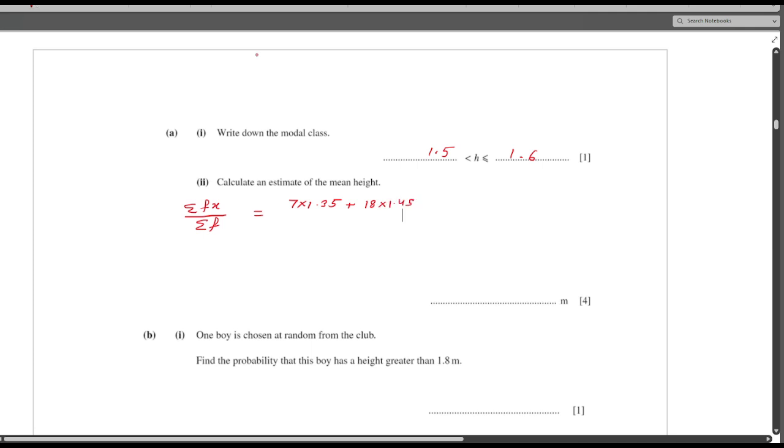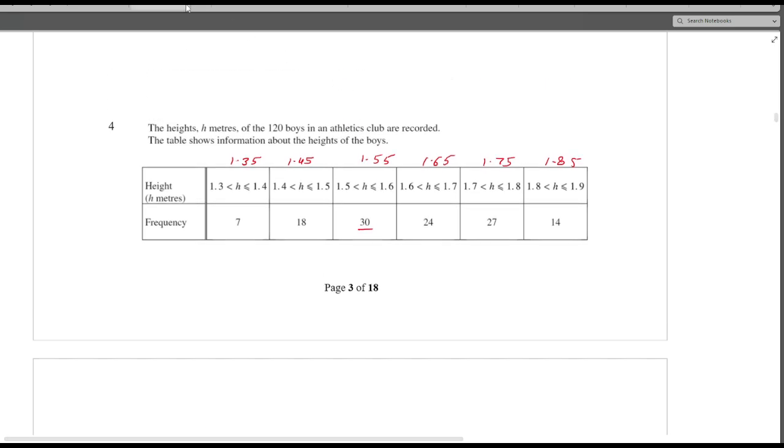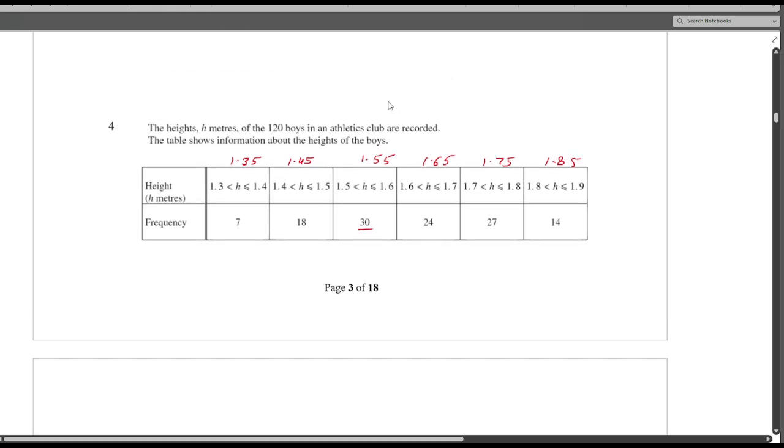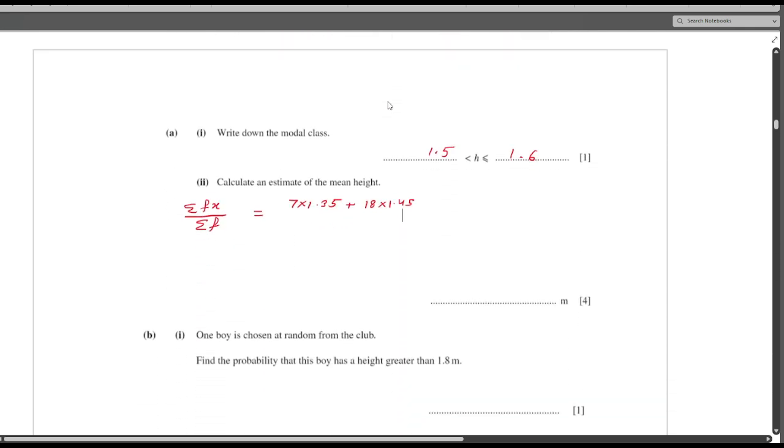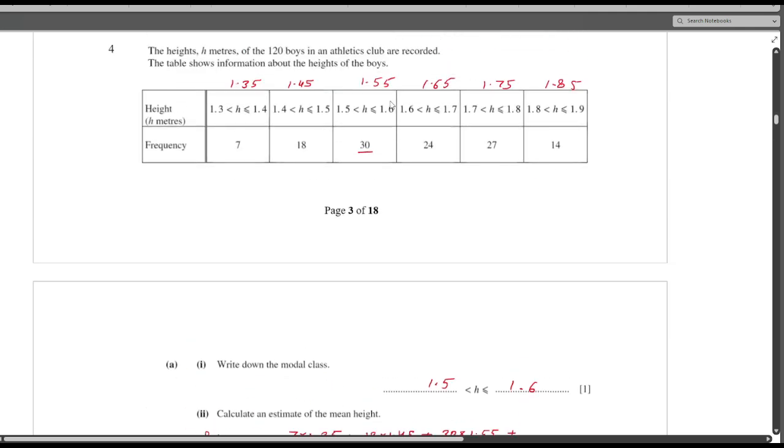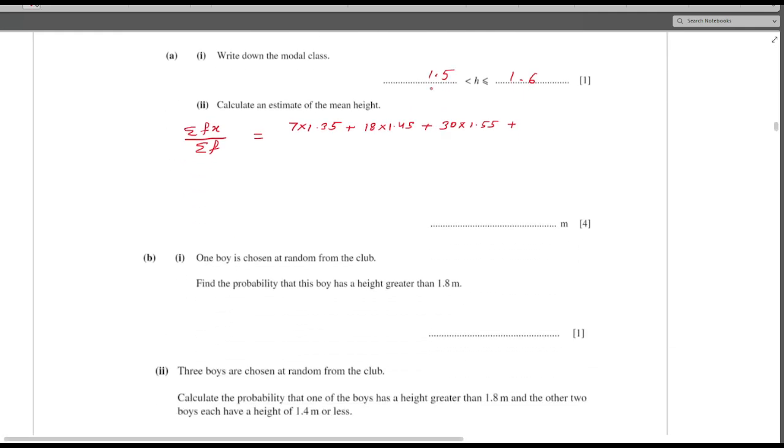So frequency is important. The values we know are 1.45, 1.55 and so on. So plus 30 into 1.55, plus next frequency you have is 24.